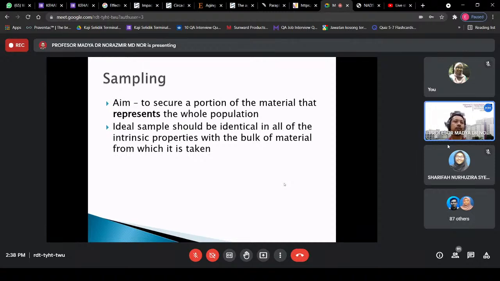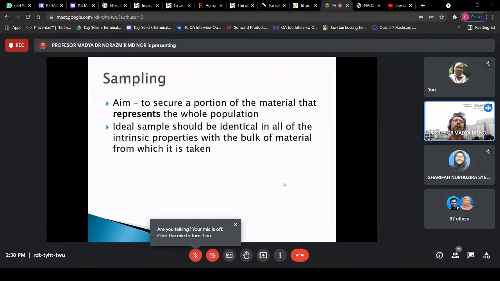That means if the same product manufactured by the same company, let's say like a bread, when it's brought to another state like Selangor, and then the same bread being distributed to Negeri Sembilan.